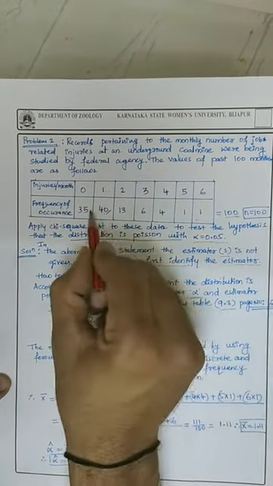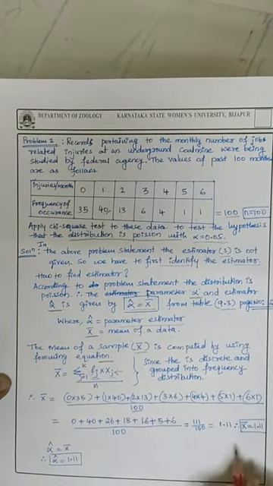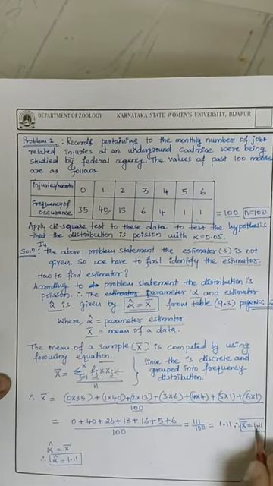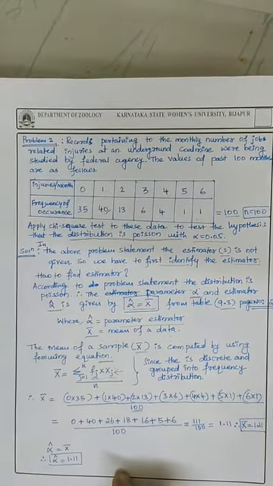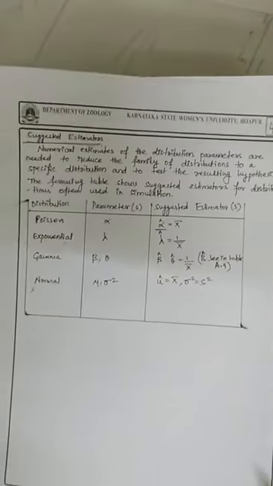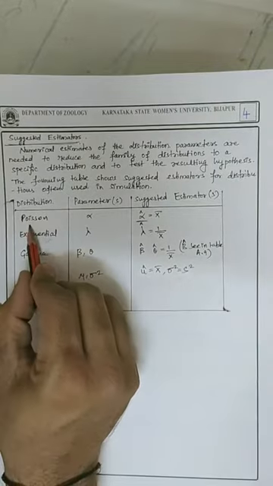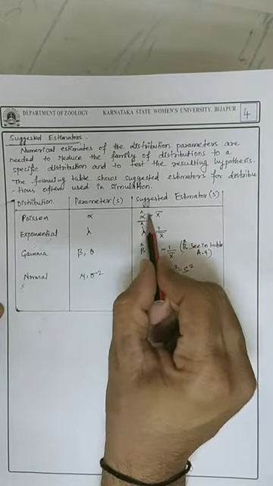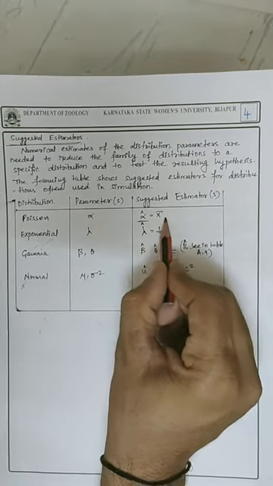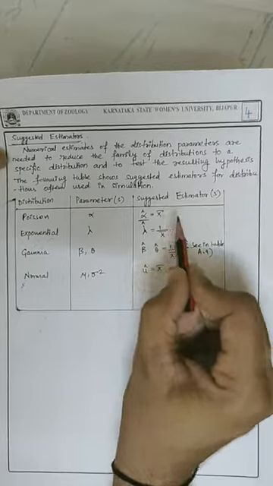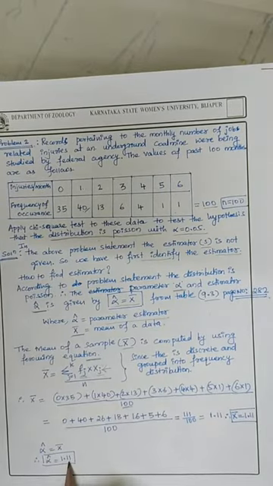Adding all these frequencies, we get 100. So we get a mean of 1.11. According to the parameter estimation for the Poisson distribution, alpha cap is calculated by alpha cap equal to x bar, the mean, so alpha cap equal to 1.11.